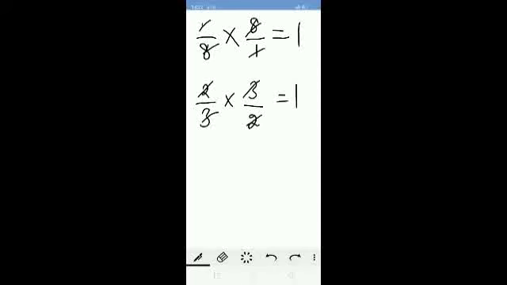And next, 1 by 4 into dash is equal to 1. The reciprocal of this number is 4 by 1, right? So for the given number, if we consider the reciprocal for the multiplicative inverse, we get the answer as 1.